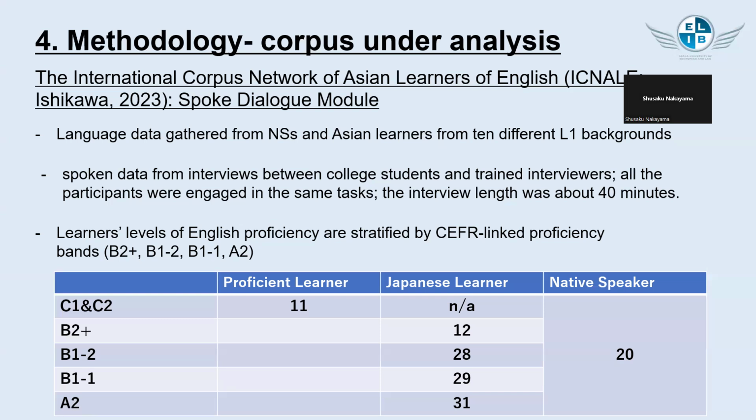Unfortunately, however, the ICNALE corpus doesn't specify proficiency levels of learners at the B2 level or above, and they are all categorized into the same level, B2 plus. As such, I manually recategorized their proficiency levels on the basis of their English scores. And then we got learners at C1 and C2 level. So I got 11 learners at the C1 or C2 levels.